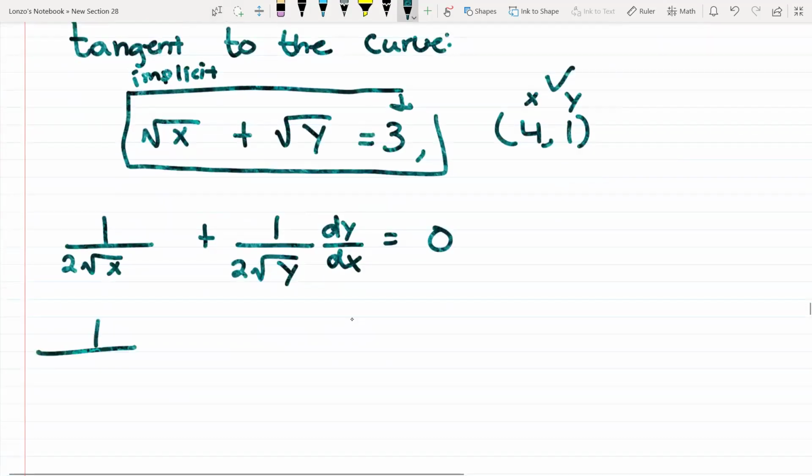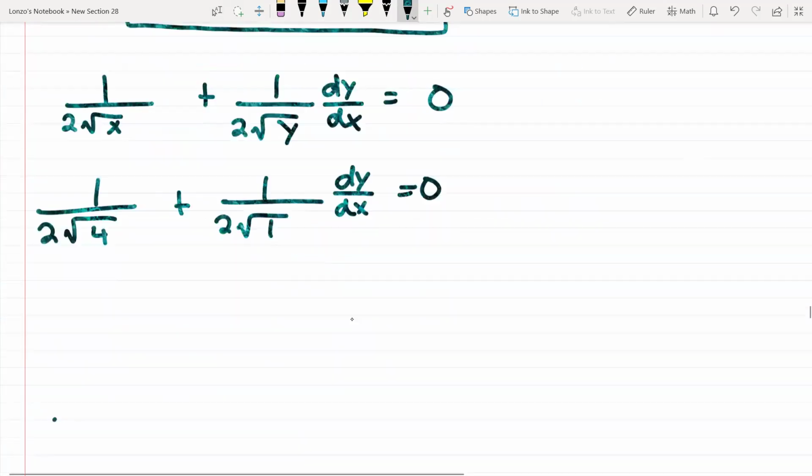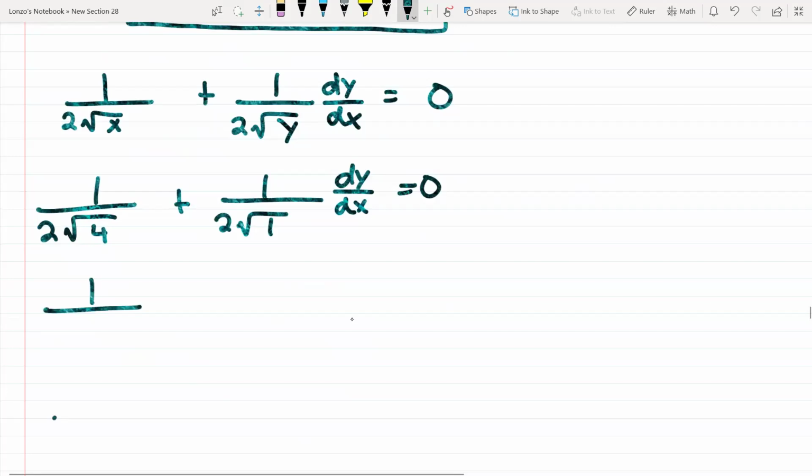So we have 1 over 2 square root of x, and our x is 4, plus 1 over 2 square root of y, where our y is 1, times dy dx. So it's 1 over 2 times the square root of 4, which is 2, plus 1 over 2 times the square root of 1, which is 1.